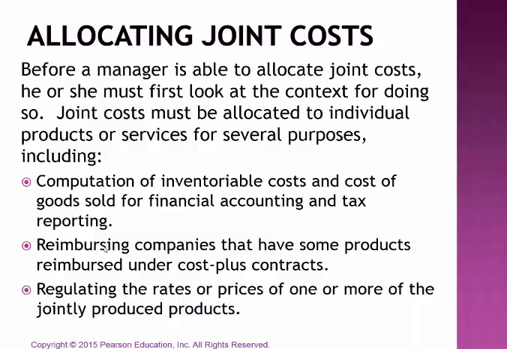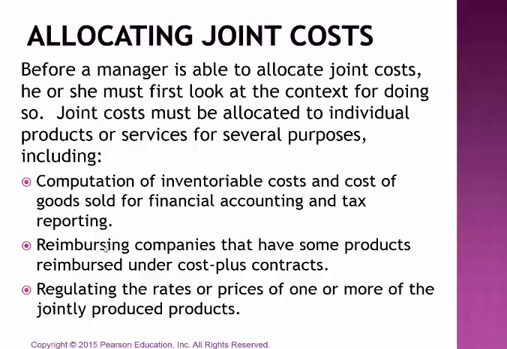We also have certain industries that are regulated as to the amount of return that they can generate on the products or services that they provide. So for example, if we're talking about the energy industry or maybe telecommunications, they are going to have cost allocations that go to those underlying numbers that get used to make sure that they comply with those rates or prices that they're actually able to charge.